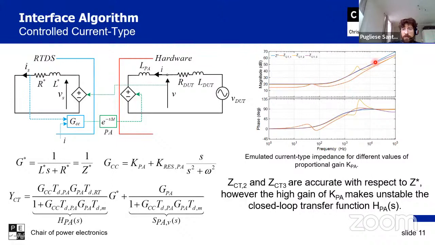In red, yellow, and violet, there are the equivalent power-in-the-loop impedance representations. So at the end, I would say that I'm accurate only at 50 Hz. It means that this kind of interface algorithm is good only when I want to be sure that I'm feeding the right power at the fundamental. So I'm losing information about the low and high frequency dynamics of the plant.